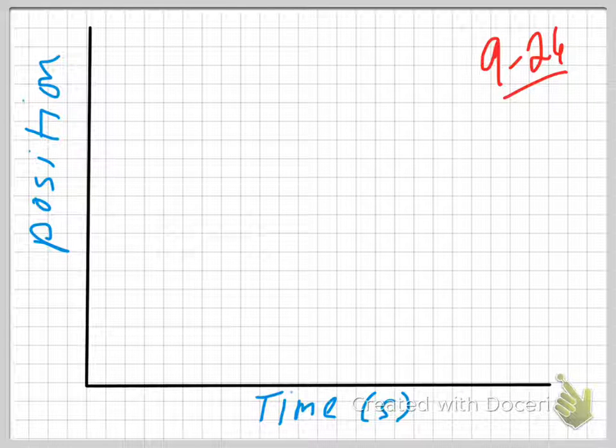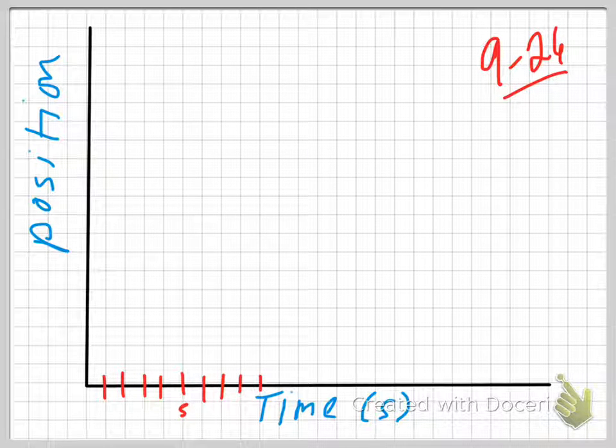Position. And there are three kinds of graphs that we're going to talk about when we talk about basic motion. The first of them is a position time graph, is what we typically call this. So we have time, and again, we said here it's in seconds.